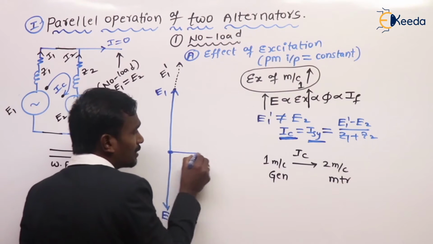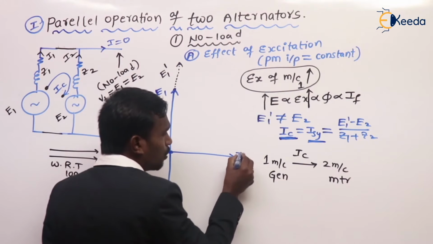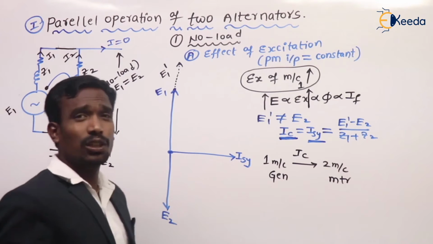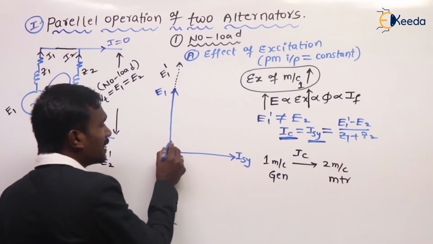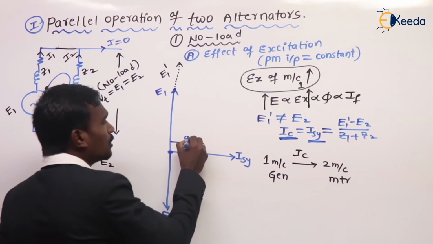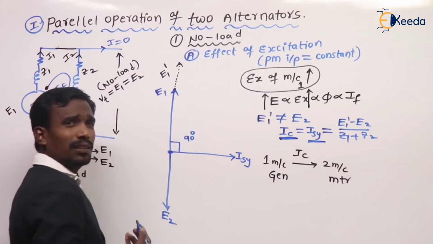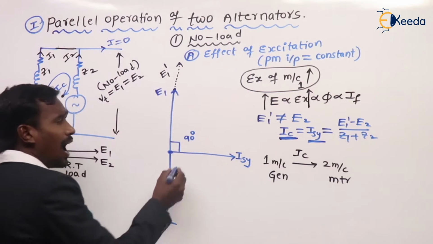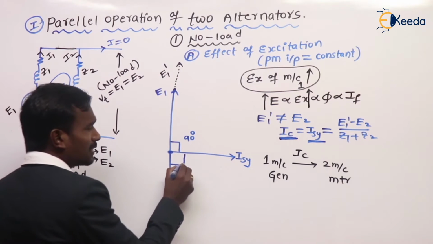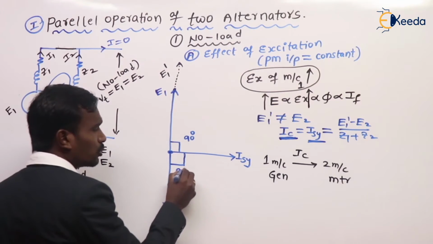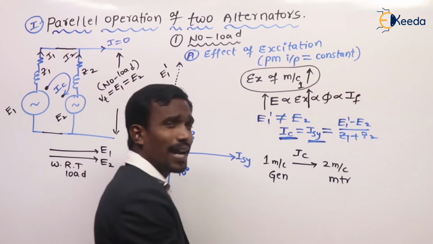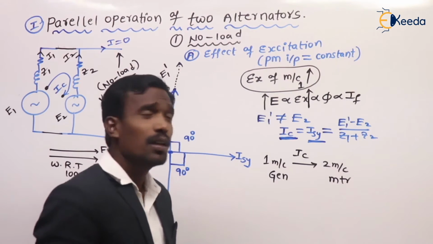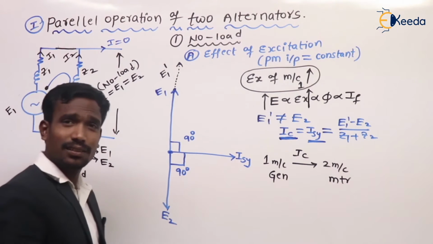The synchronizing current comes into the circuit, which is 90 degrees lagging to machine 1, so machine 1 acts as a generator, and which is 90 degrees leading to machine 2, so machine 2 acts as a motor.